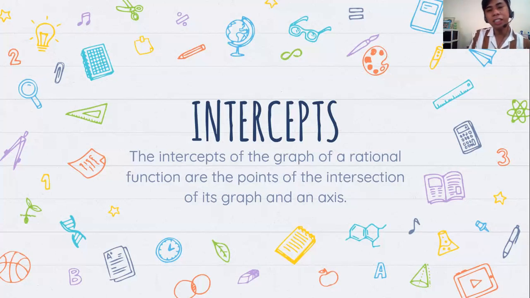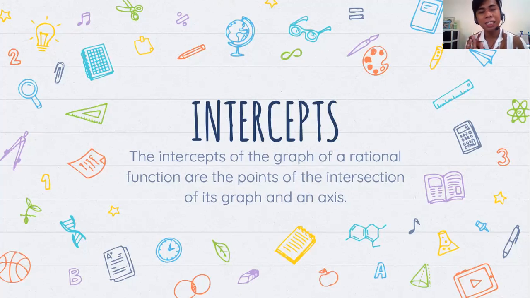Okay, so intercepts. So in mathematics, intercepts of the graph of a rational function are the points of intersection of its graph and an axis. So yung intercept po na sinasabi natin sa math is the point wherein any graph of a function, linear, rational, logarithmic, basta polynomial man yan, basta pag tumama siya sa graph, that point kung saan sila nag-meet is what we call the intercept.